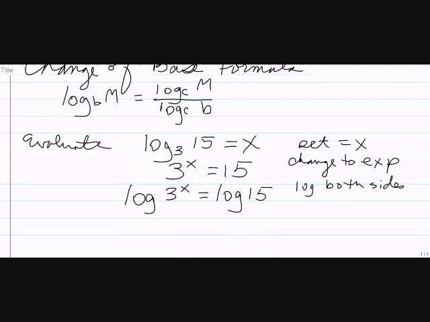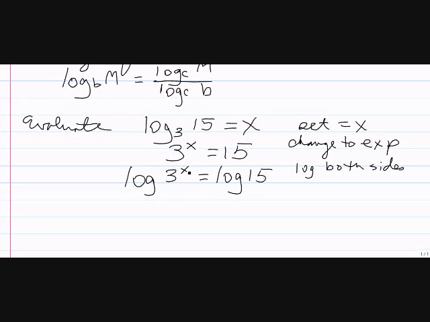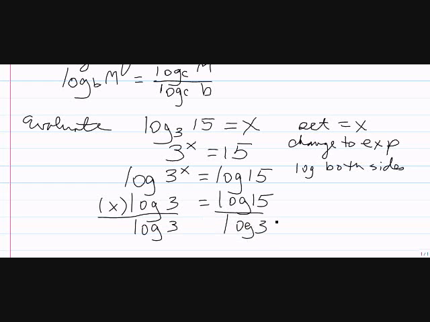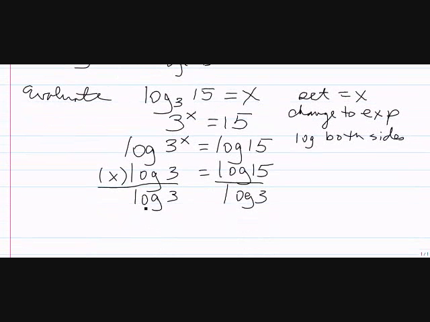Now we use our properties to solve this. Oh, that x gets to come over outside the log. So this is x times the log base 10 of 3 equals the log base 10 of 15. Remember that was a multiply, so now we divide both sides by the log base 10 of 3. And we get x is exactly the log base 10 of 15 divided by the log base 10 of 3.